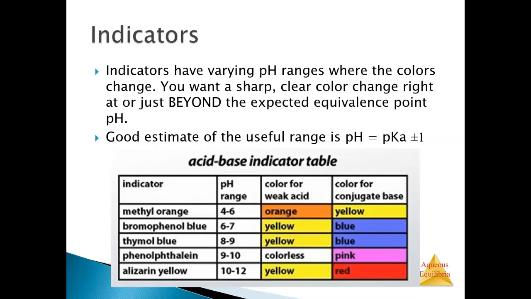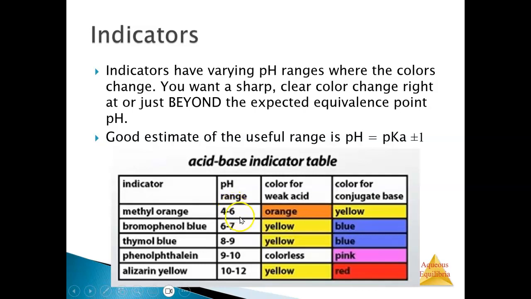So for example, if I'm expecting, say, a pH of 8 because I am titrating a weak acid with a stronger base, then I might want to use thymol blue or phenolphthalein because the color change would be within about 1 unit of where my pH is expected to be.